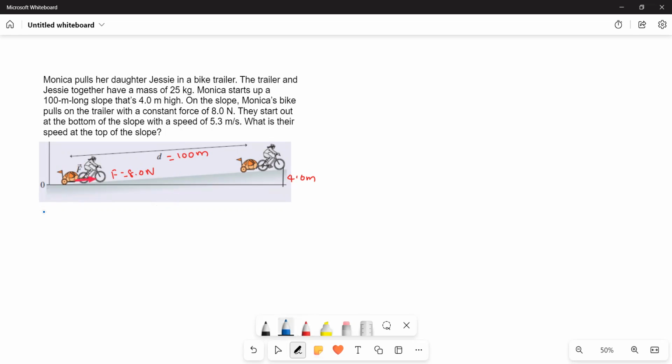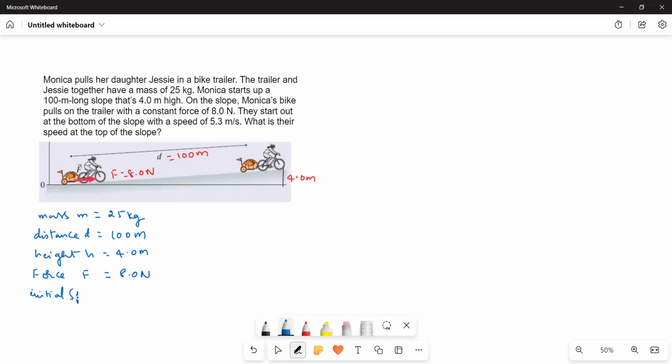Let us write the data. Mass m is equal to 25 kilograms, and then distance is equal to 100 meters, and then height h is equal to 4 meters, and then force F is equal to 8 newtons, and then initial speed Vi is equal to 5.3 meters per second.